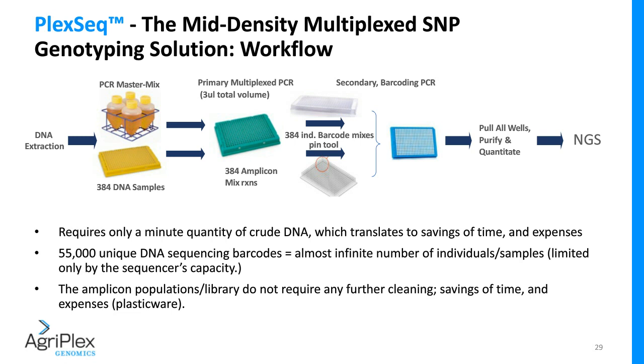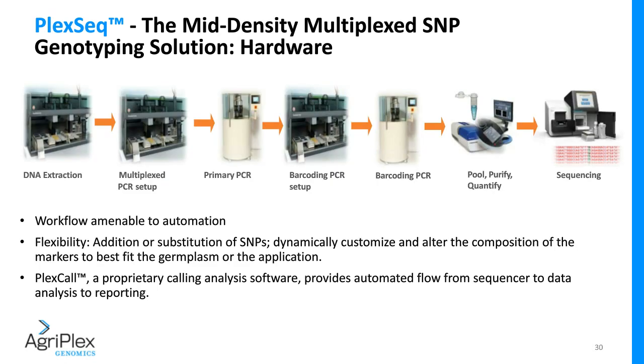Now, the workflow has some significant attributes in way of efficiency, cost effectiveness, and adaptability. First off, the Plexic workflow lends itself to automation. You can see in this slide that all the steps are set up by liquid handlers and are carried out on high throughput thermocyclers.